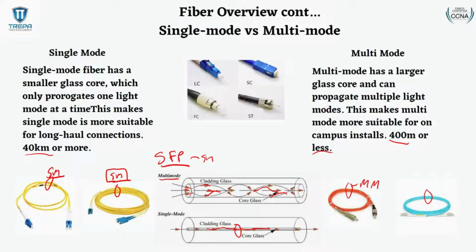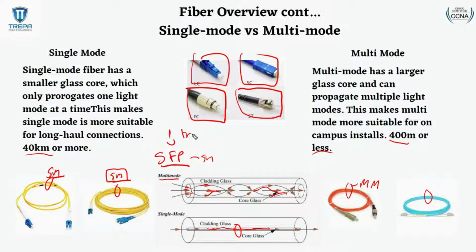Or multi-mode. And then up here, we have the different types of connectors that you can use for fiber. As you can see, there's a lot of different ones. The important thing to note for the exam and in the real world is to make sure you have the correct transceiver when you're doing fiber connections across your enterprise.